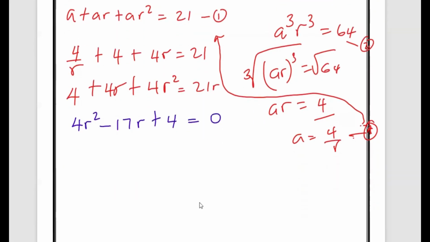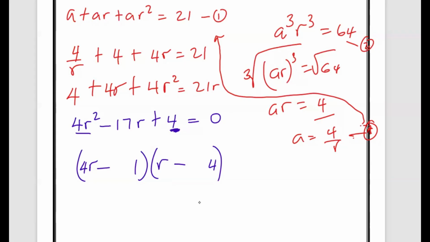All right, we can use the quadratic formula or just factors. Let me try the factors and see if I'm going to get somewhere. For me to get this 4, if I have a 1 and a 4, I can have both of them be positive. I can have 4R and R. Is that going to make sense?